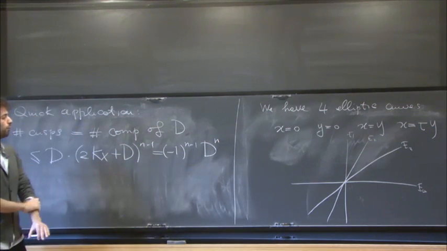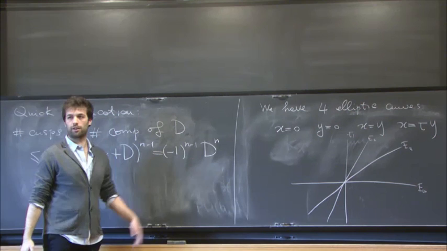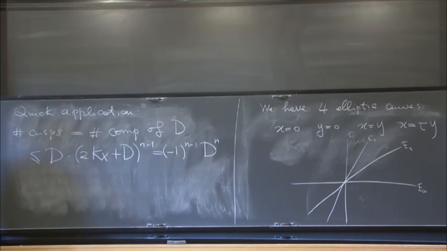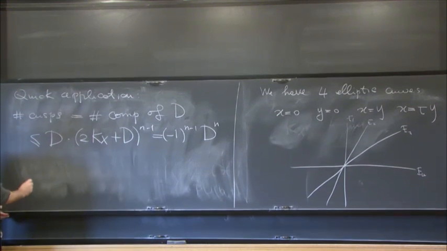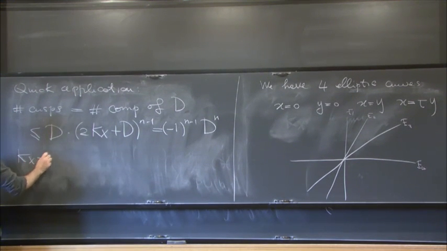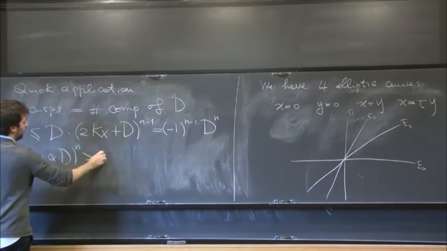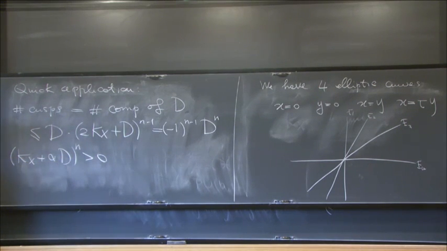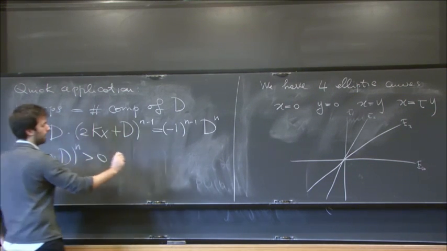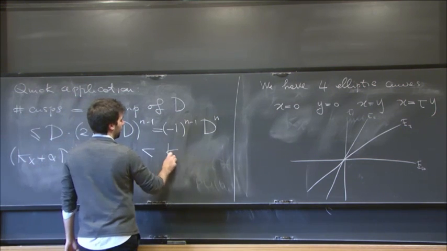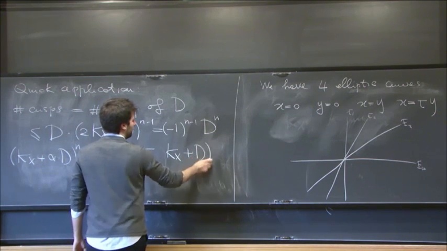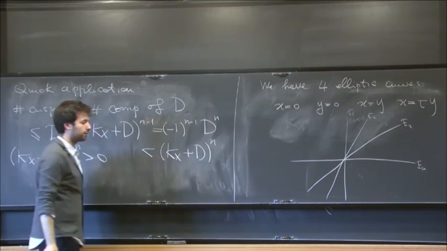Okay, so it's enough to bound this top self-intersection. And this is easy to bound. Again, you use this theorem, because we know that this one is strictly positive. And so if you do the computation, you'll get that this number is less than (K_X plus D)^n.